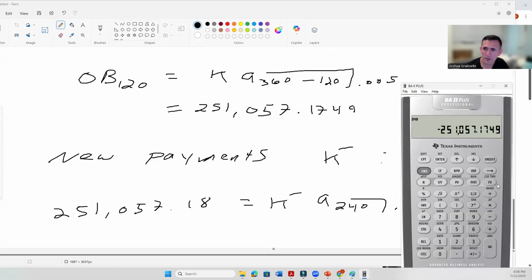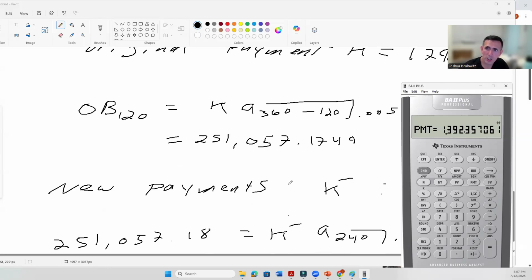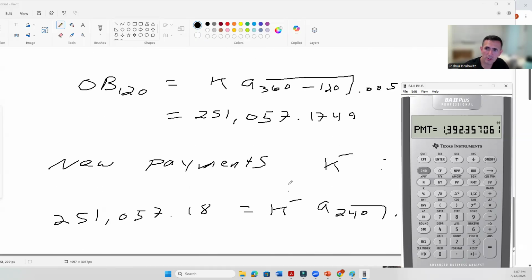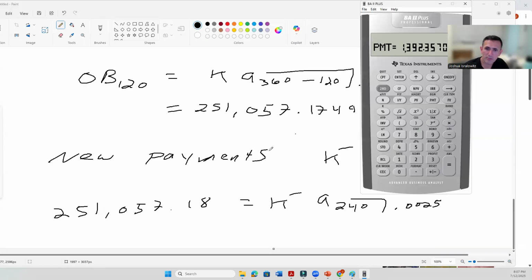So this is present value, 240, and 0.25 interest, compute payment: 1392.36. So yeah, that's a good chunk of change, about a $400 decrease in payment.